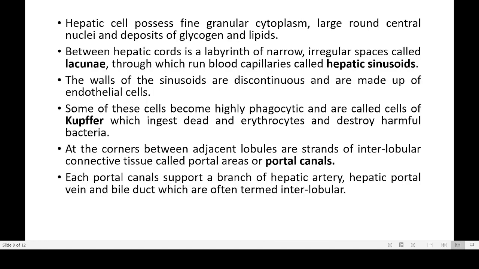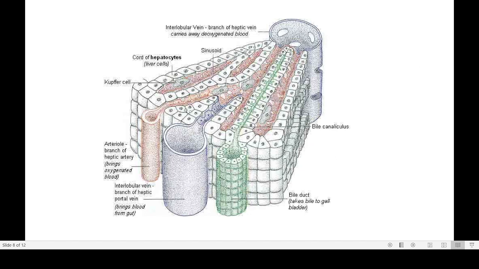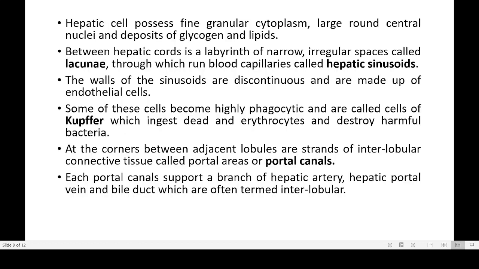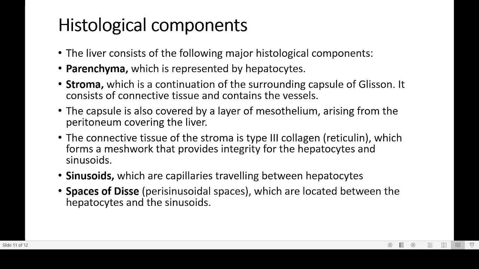Then next point is the Kupffer cell. Kupffer cells are cells present within the sinusoid. Their function is to destroy RBCs as well as bacteria. Then we have to also see what are the three layers which are present in the liver. So this is an idea regarding the structure of the liver.